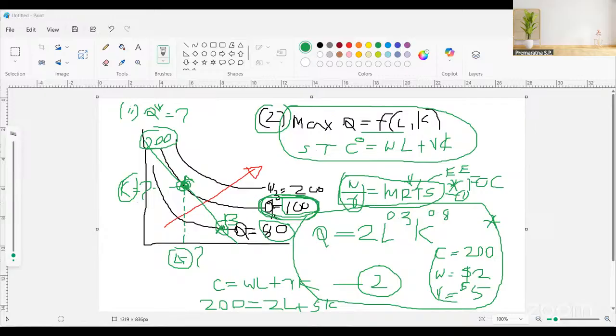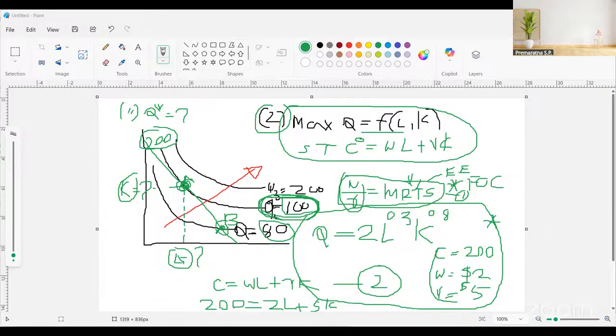And maybe the fourth question is related to that. Now this is the original situation. You have already found those answers. Here 200. I gave you W $2 and R originally $5.